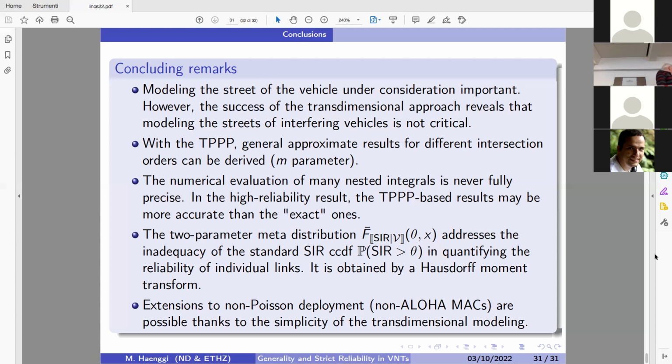Generally, in stochastic geometry applications, the meta distribution is obtained by a Hausdorff moment transform. Because of the simplicity of the approach, we can hope to extend this to non-Poisson deployments, which is work in progress, and might be somewhat hopeless if we try to do this strictly in exact form. This concludes my talk. Thank you.